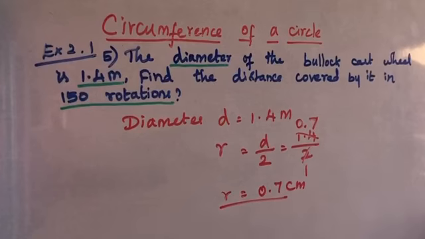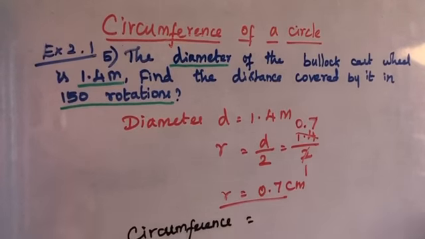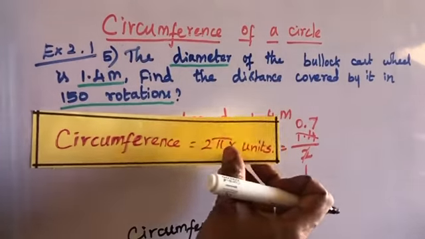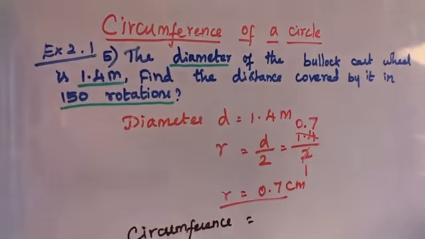Now, what do we have to find? We have to calculate the circumference. What is the formula? Circumference is equal to 2 pi r units.